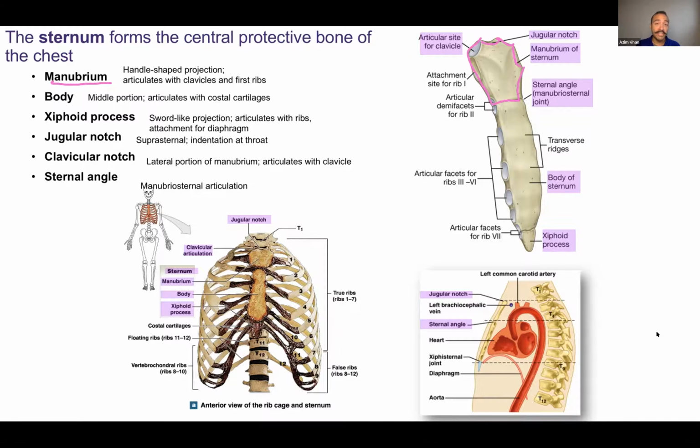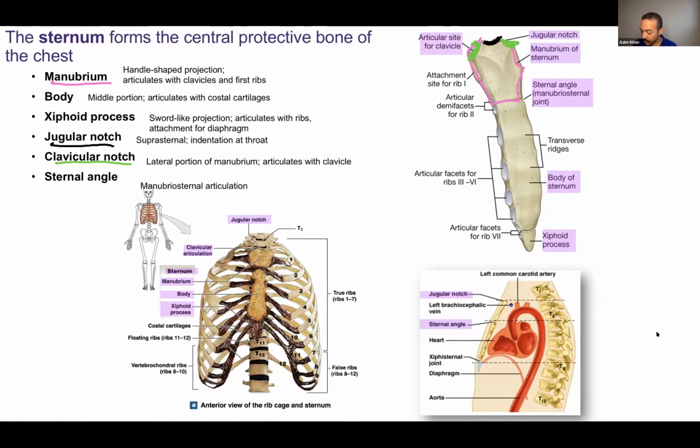The manubrium articulates with your clavicles. The clavicular notch is this portion of the manubrium that articulates with clavicles. And then there's this medial portion called the jugular notch. It's the indentation at your throat, also part of the manubrium.